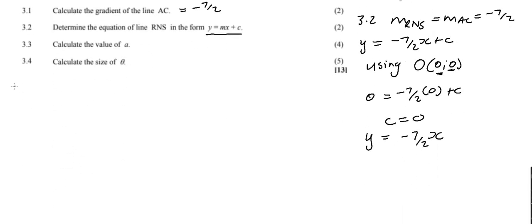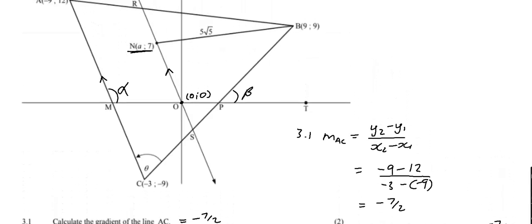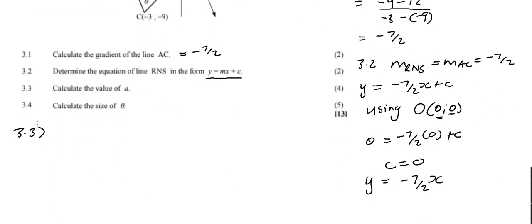So I'm going to write 3.3 this side. So we will have the y coordinate of N is 7. So we've got 7 is equal to -7/2 times x, but they told us that the x is a. We are trying to solve for a, so what we could do is multiply both sides by 2.